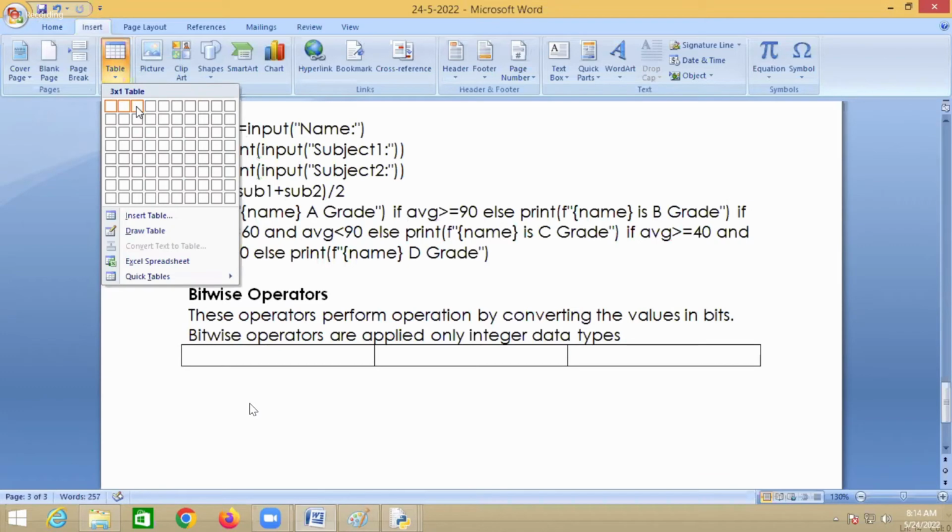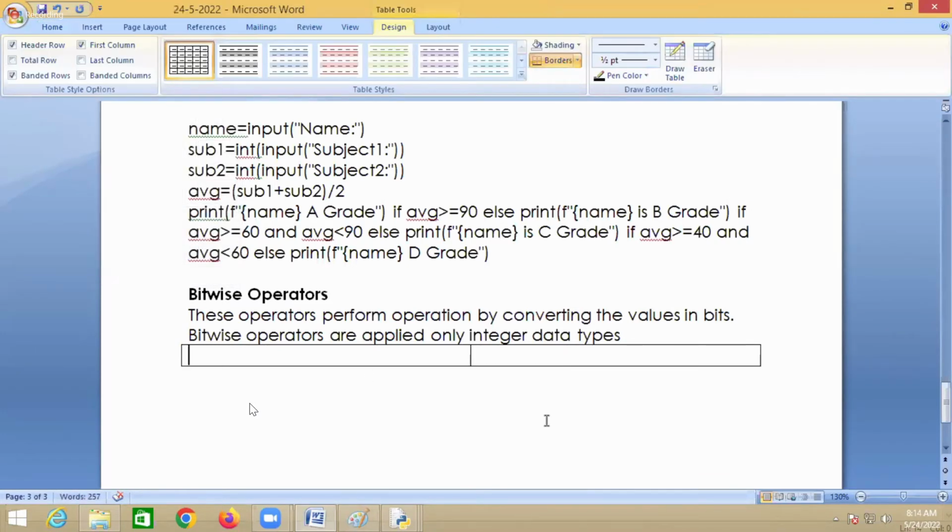As a part of Python, there are a number of bitwise operators. There is an operator and there is a description.